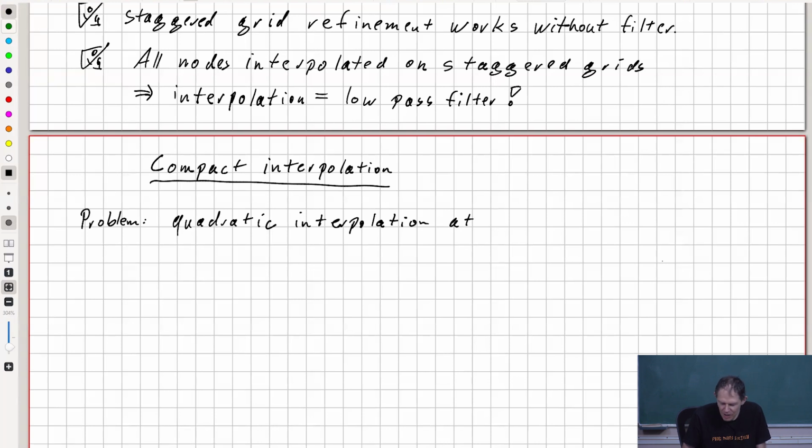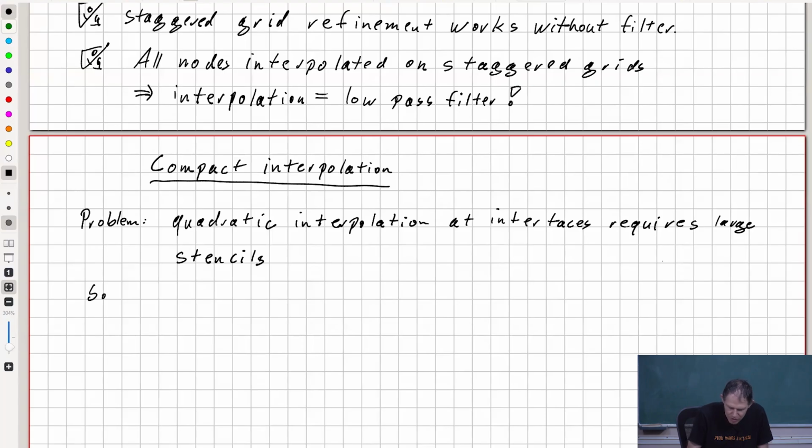So quadratic interpolation at interfaces requires large stencils. We don't like large stencils. We want to have small stencils.